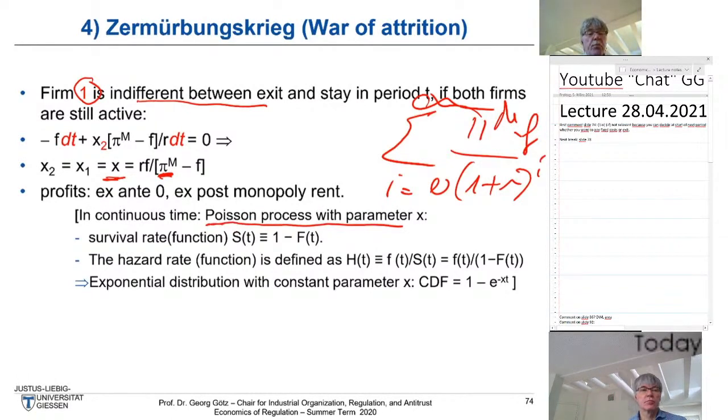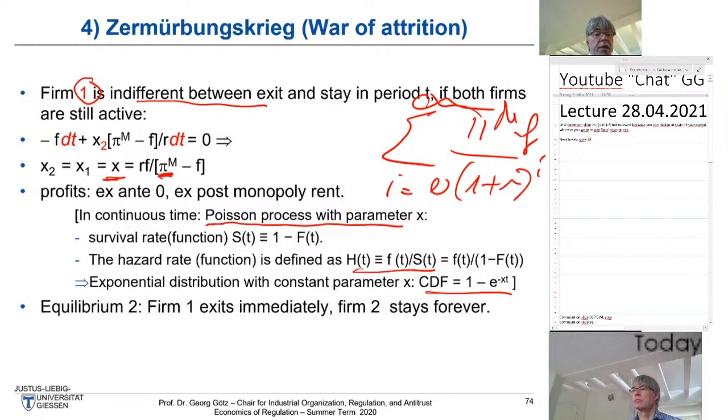Poisson process means a process like you have with light bulbs. It has no memory. If the light bulb works, its hazard rate, that is the probability that it breaks down within the next few seconds, always stays constant, and you get a so-called survival function. The underlying cumulative distribution function is the exponential distribution. But that's really an advanced topic.